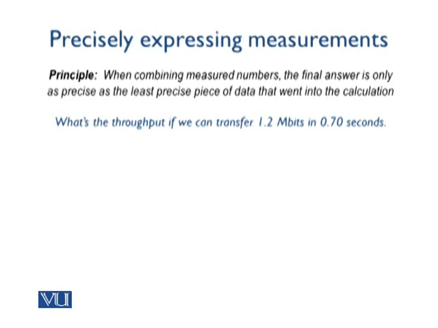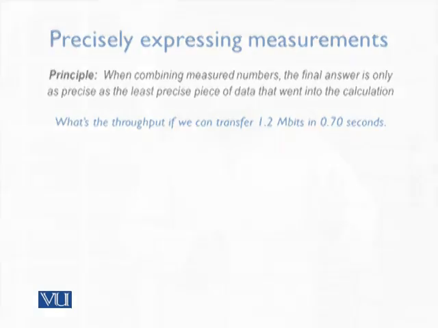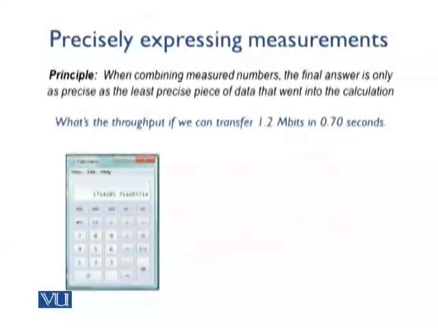So if we actually just input this calculation, because we know that the throughput is taken as the size of data transfer divided by time, and this gives us the throughput, the amount of data that we will transfer in unit time. If we simply copy these measurements into a calculator, you would get a value which is shown on the slide now.